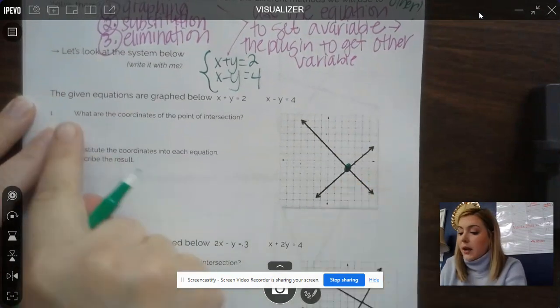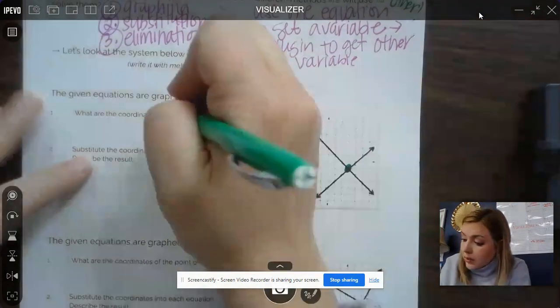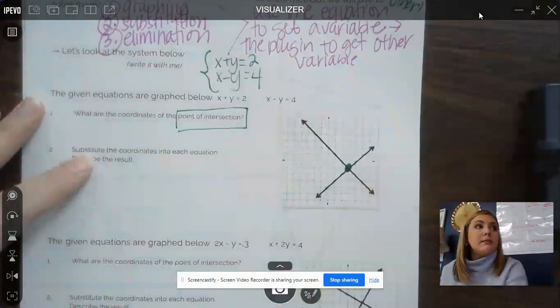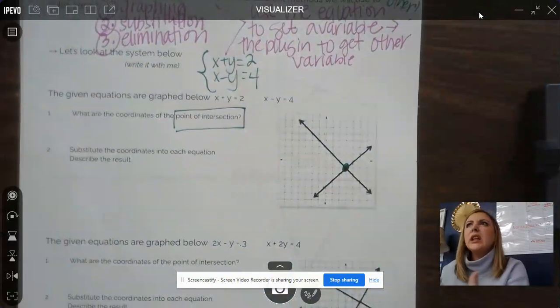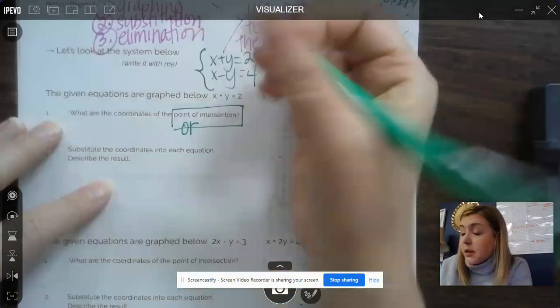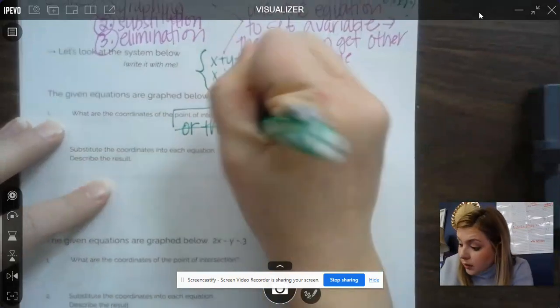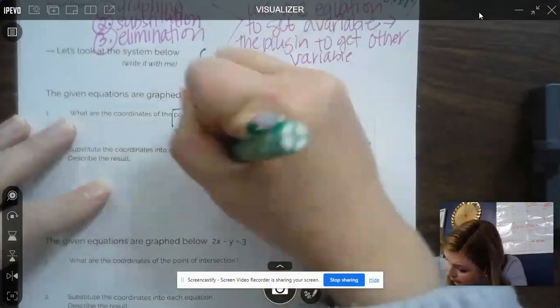It asks right here, what are the coordinates of the point of intersection? The point of intersection is our goal every time. Okay? That's very literal in what it's saying. It is the point where those lines are intersecting. So the point of intersection, or what you're going to sometimes read as the solution, is right there.